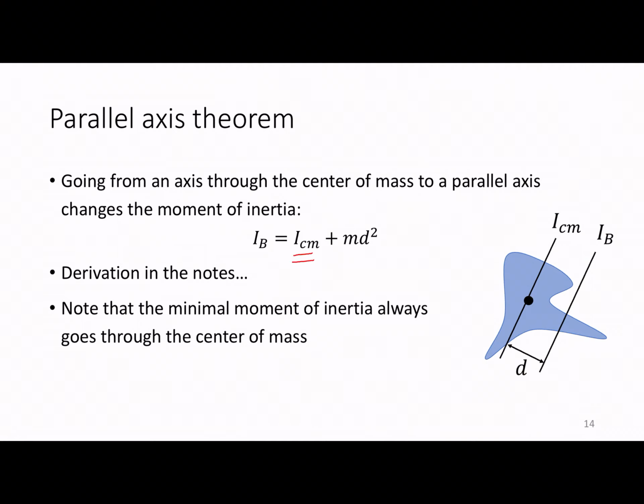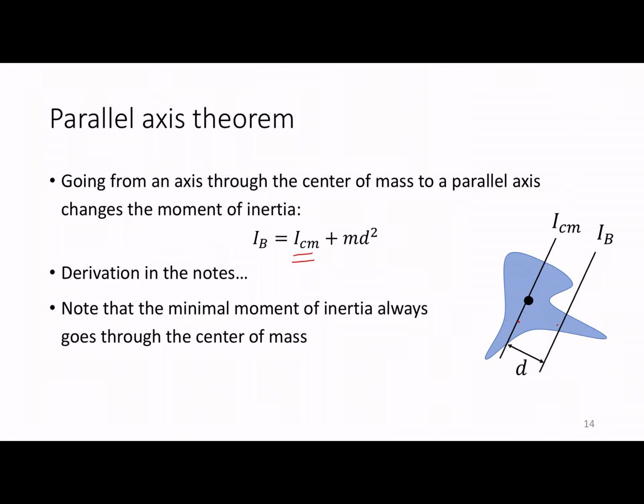I told you the moment of inertia. And then I took a parallel axis. So not some other random axis, but an axis that is parallel to the original one, a distance d away, and I asked you what's its moment of inertia.